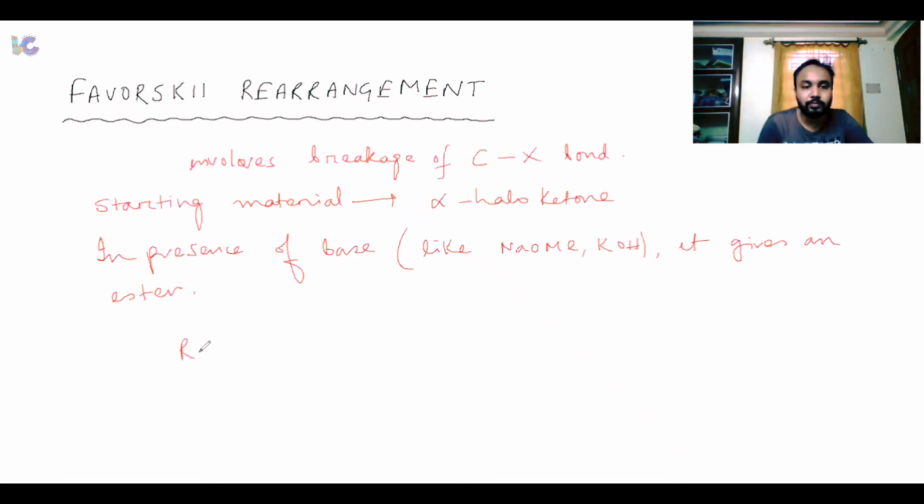So if you have an alpha haloketone like this, in presence of a base like sodium methoxide. In this reaction, in the starting material, there should be an acidic proton over here, that means an enolizable proton.